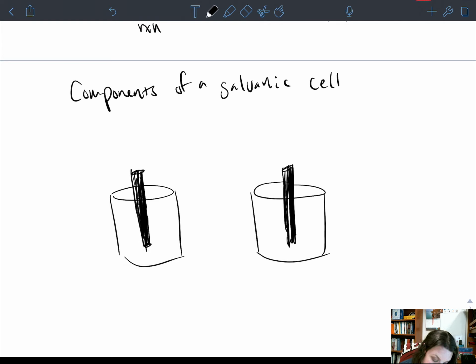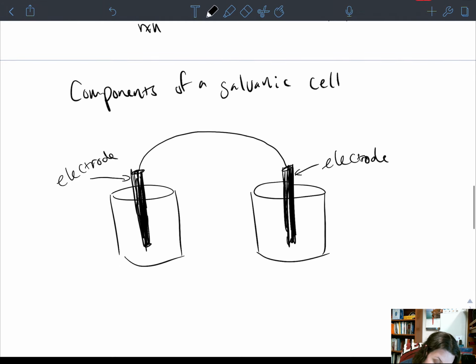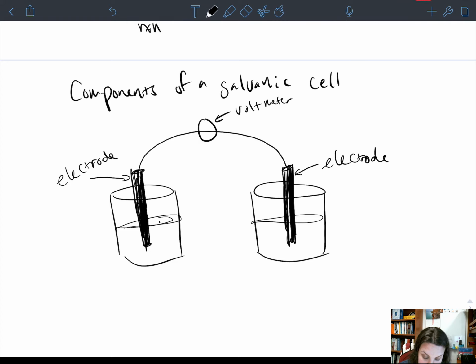These electrodes are connected by a metal wire. Usually there's a voltmeter just to see what type of voltage is being produced. And then there's a solution in here. And then there's a salt bridge.